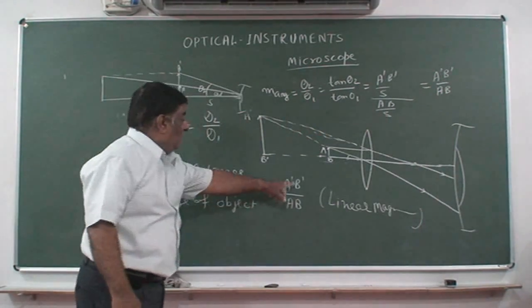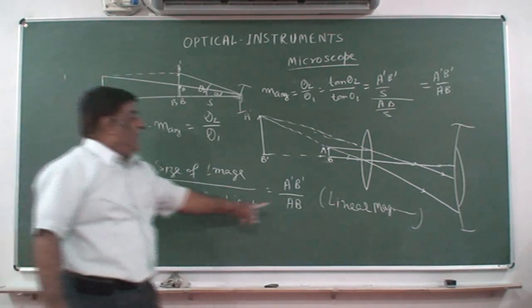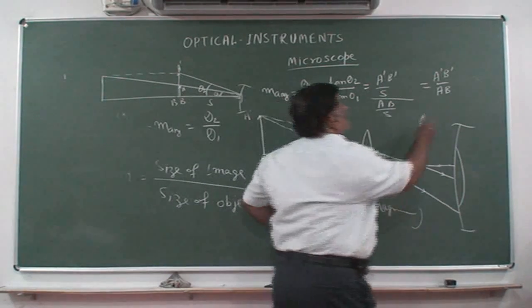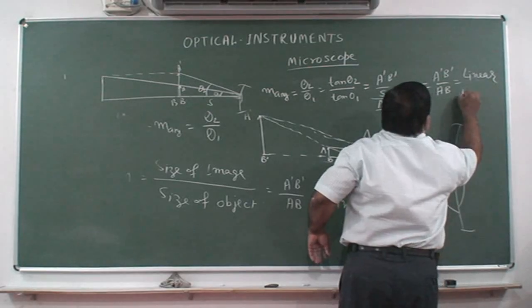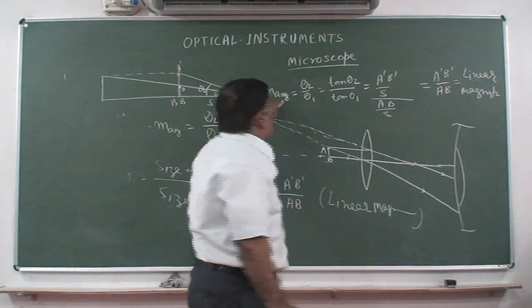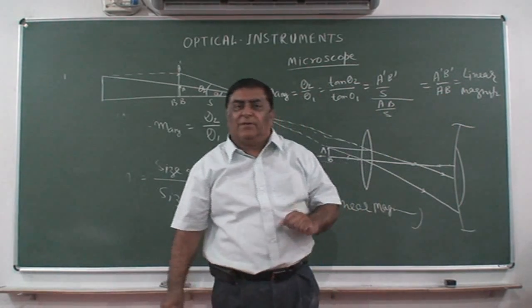But a dash b dash upon AB, what was this? Size of image upon size of object, and this was linear magnification. So here what we observe, that angular magnification is equal to linear magnification.